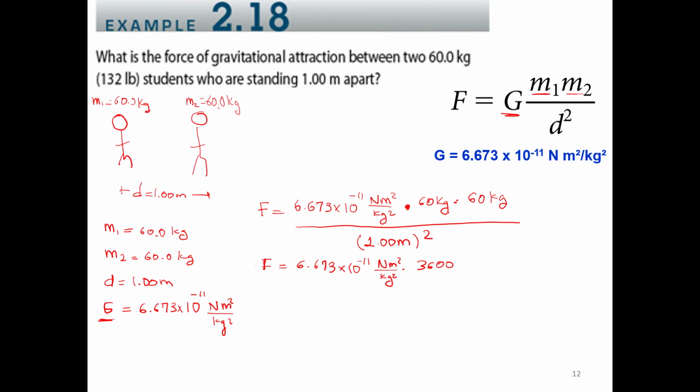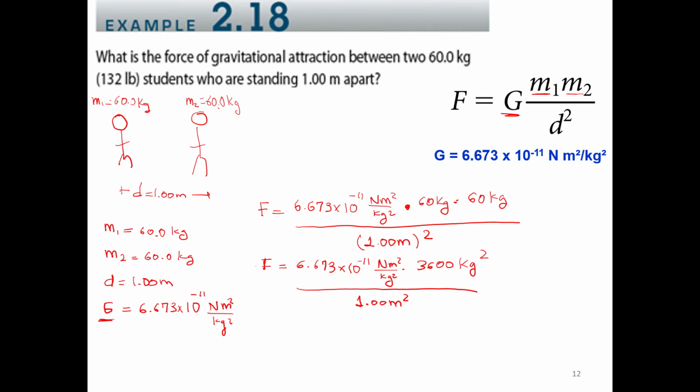We multiply the numbers and also the units. Kilograms times kilograms will be kilograms squared. Divided by 1 meter squared will be 1. We square the number, which is 1, and we square the units also.